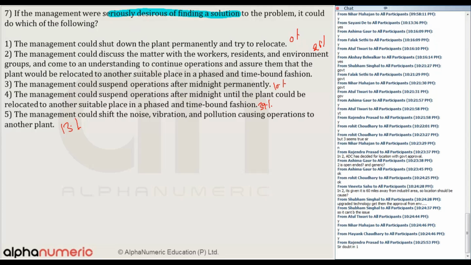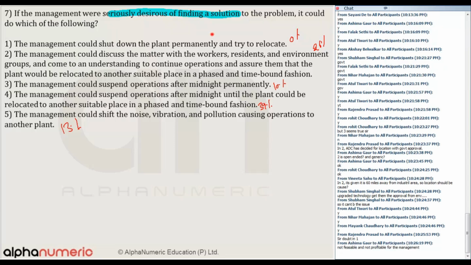So when it comes to the first option, the management could shut down the plant permanently and try to relocate. Okay. So what is going to happen here? First of all, try to understand that relocation is going to cost a lot of money. They have already spent, I think, hundreds of crores, something like that. Yes or no?